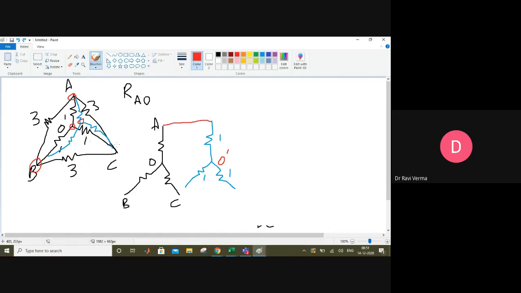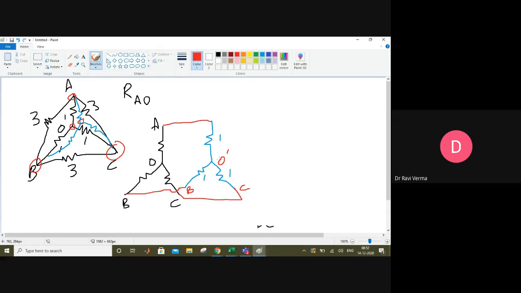So when we convert delta to star also, we have to join these 3 points. A is joined with A, B is joining with this point, and C is joining with this point. So now this is C, this is B, this is O, this is O dash.